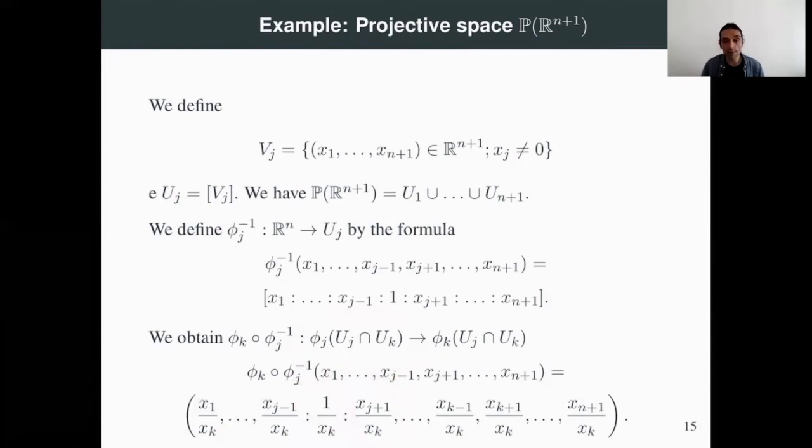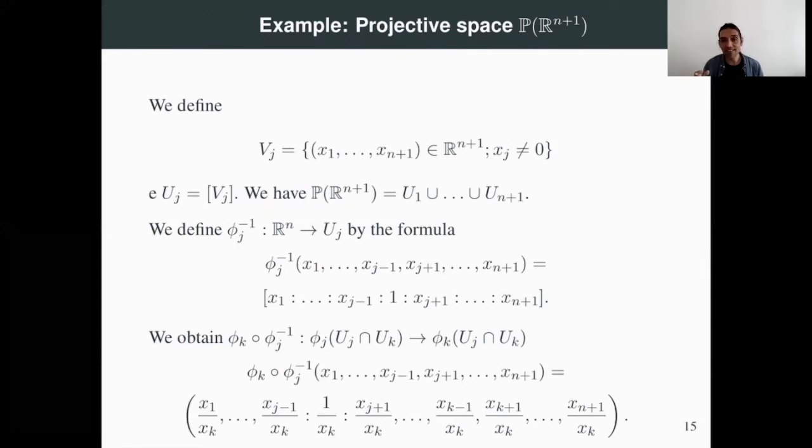So the quotient of real analytic functions is still a real analytic function. That more or less implies that the real projective space is going to be a real analytic manifold of dimension n.